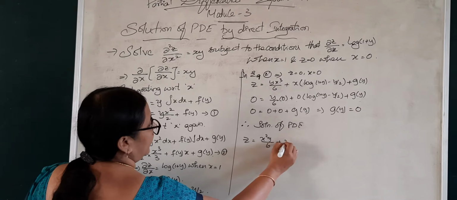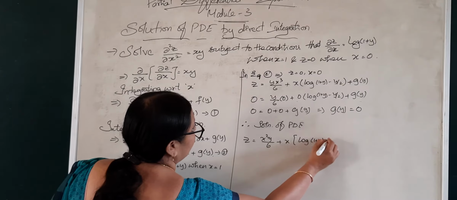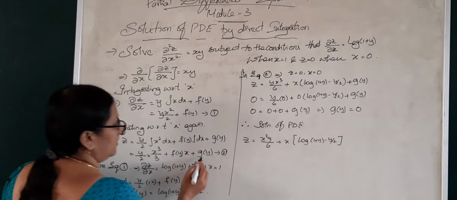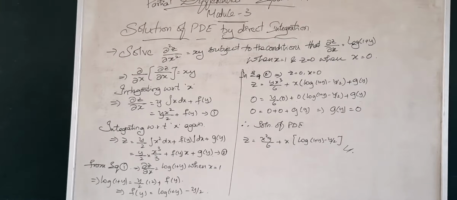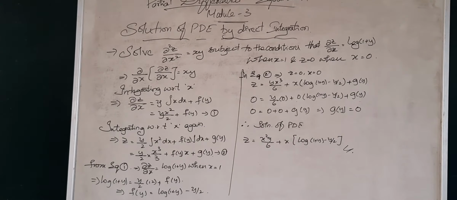So we have log of 1 plus y minus y by 2, and g of y is 0, so you can neglect it. So this is the solution for the given PDE.